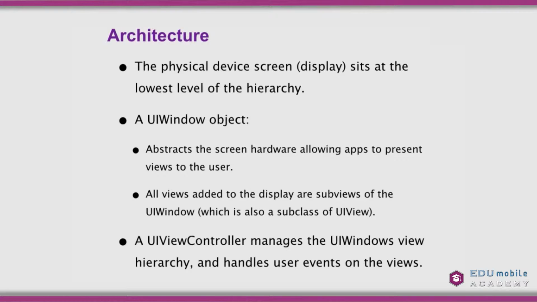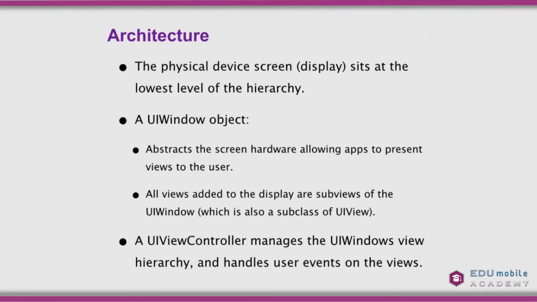So the architecture of this thing, usually we don't think about the entire architecture, but it's nice to know. First of all, we have the physical device screen, the display, the hardware, sitting at the lowest level of a hierarchy of things that display something on that hardware.